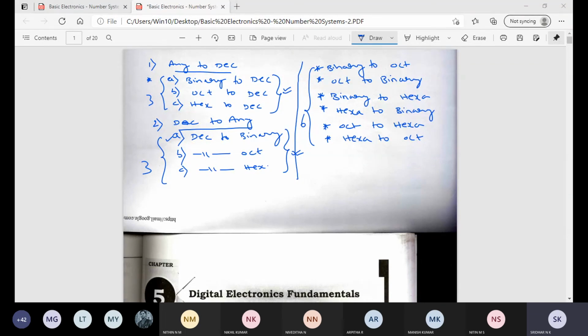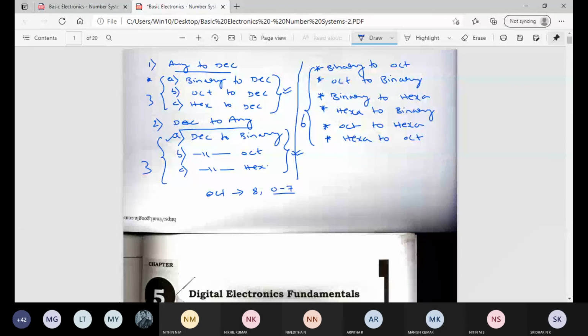Say for example, for the octal number system, listen carefully. How many characters are there in the octal number system? 0 to 7. That means there are totally 8 characters from 0 to 7, correct? So the maximum character in the octal number system is 7.